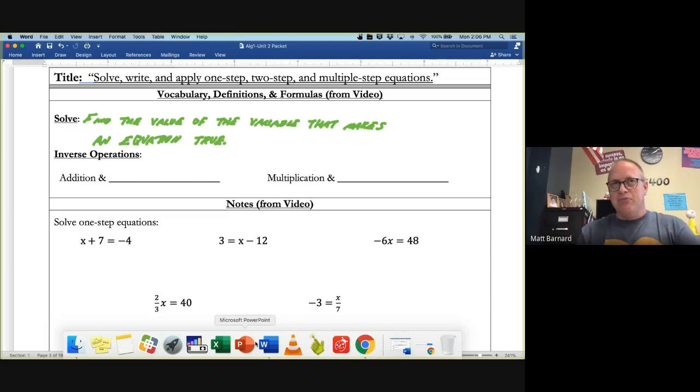Now, sometimes we're going to refer to this idea of inverse operations. So what does it mean to be an inverse operation? So first of all, let's go ahead and define that for you. Inverse operations are two operations that undo each other.